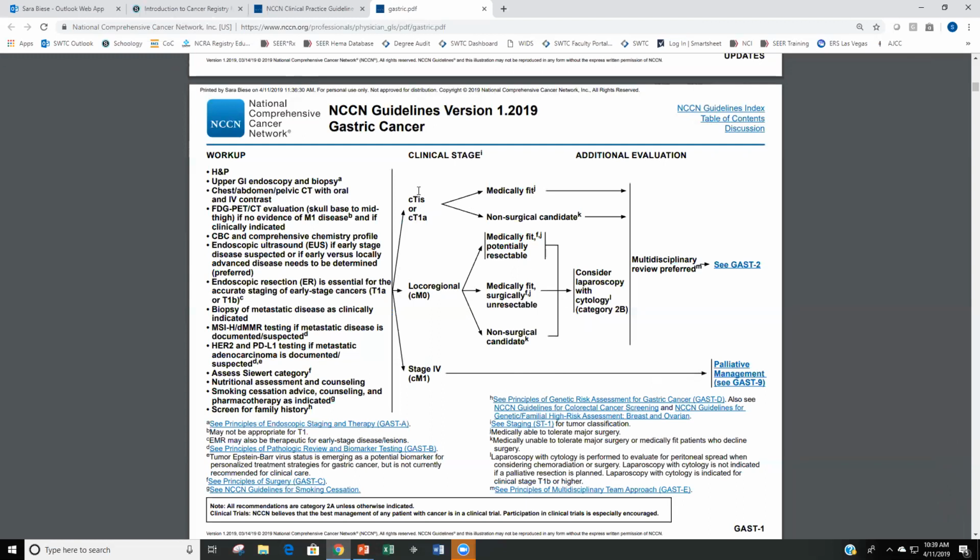All right. Then when it comes to breaking down these different stages, the very early stages or local regional, what needs to be determined is whether the patient is medically fit or if they're not a surgical candidate, because that's going to lead the way.